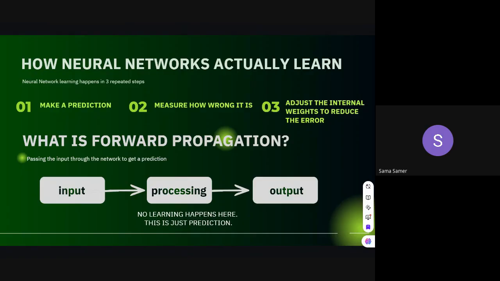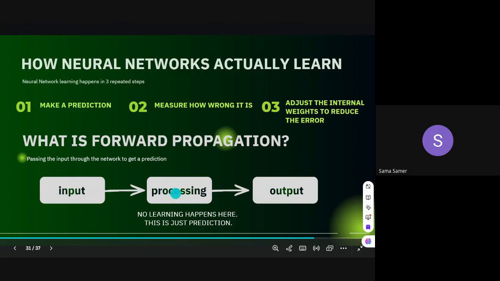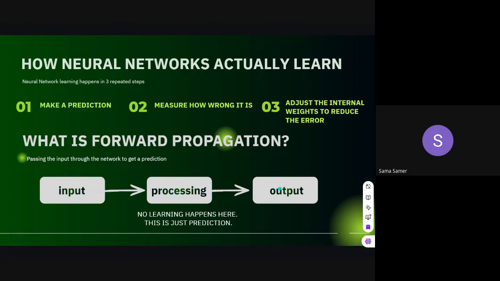Then it calculates the loss function, or measures how wrong the prediction is, and then adjusts the weights by reducing the error. For forward propagation, it takes the input, does the processing inside the hidden layers, and gives the output. No learning happens here. It is just a normal prediction.